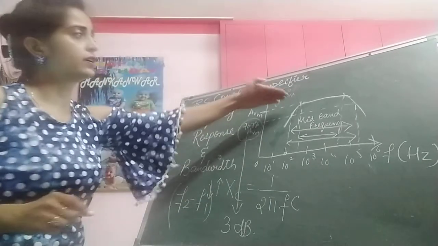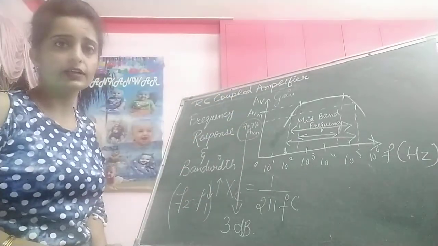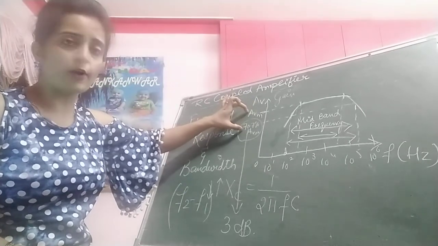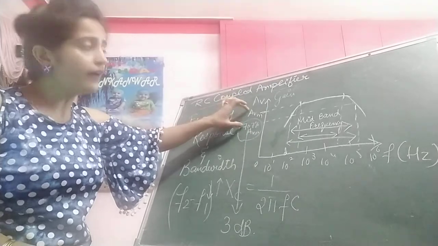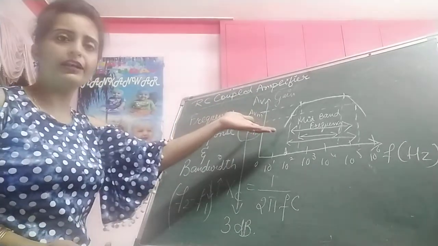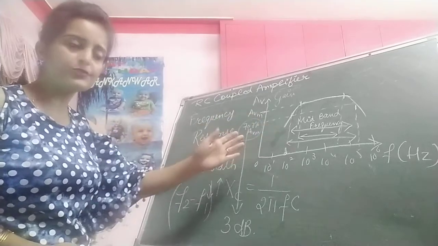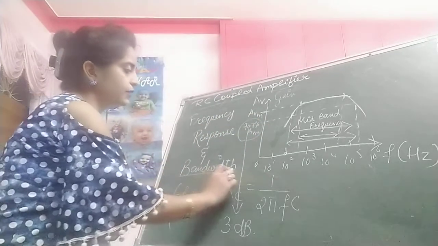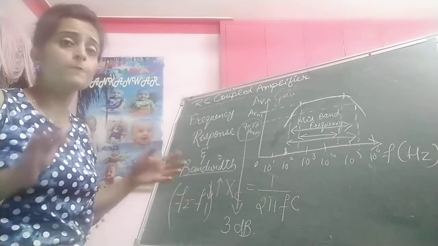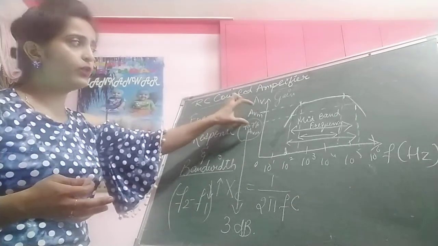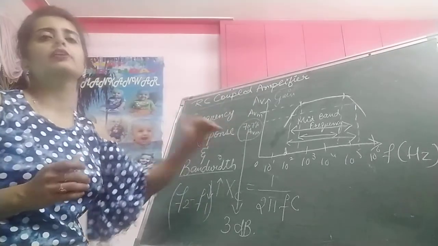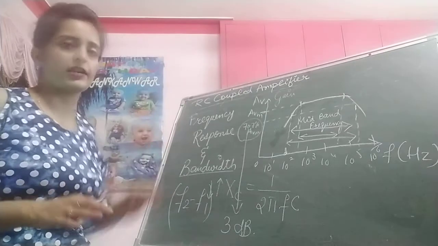But at both of these points of the gain, our ears will respond equally, so why not take the benefit in the bandwidth? That is why, whenever we calculate the bandwidth of the RC coupled amplifier or any kind of amplifier, we calculate it at 70.7% of the maximum value and not at the maximum value.